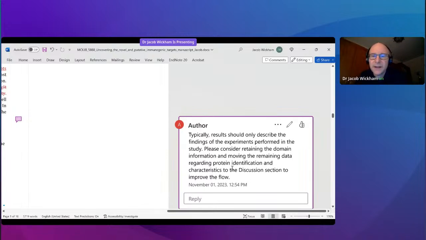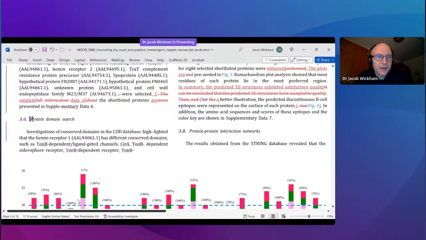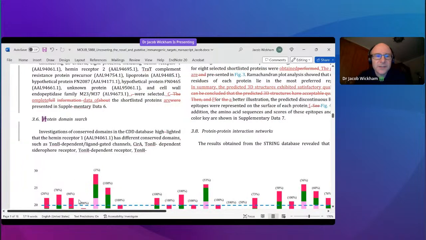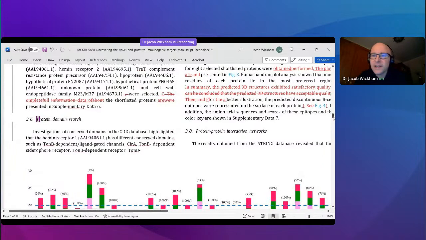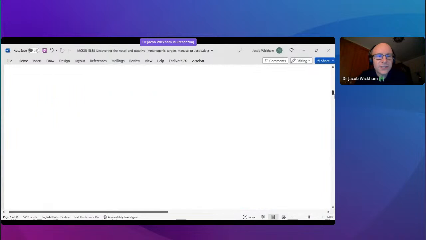So we recommended moving some of these protein identification characteristics to the discussion section, since it's not talking about the authors' results.